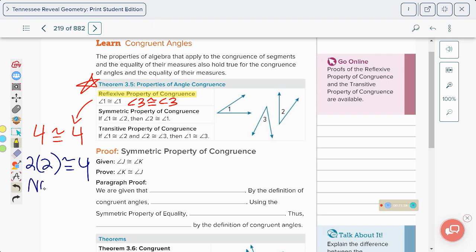So this would be a non-example because the reflexive property, guys, both sides of that equation have to look exactly the same regardless if they are of equal value, right? We know 2 times 2 does equal 4, but this is not an example of the reflexive property because it would have to be written identically on both sides.